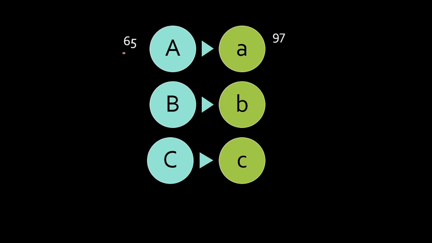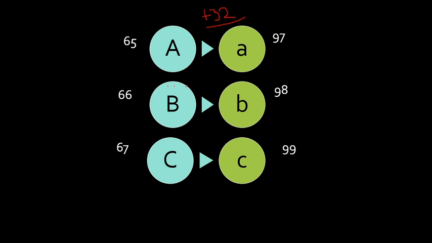So what do you observe here? 65 changes to 97, which means 32 is added, right? Plus 32. Similarly, capital B is 66 and small b is 98. 66 changes to 98. Again 32 is added, right? Capital C is 67. Small letter c is 99.